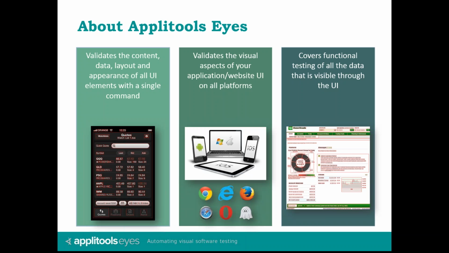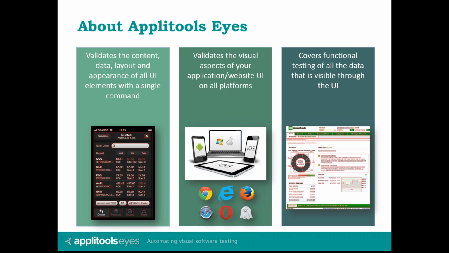So a few words about Applitools. Applitools is the only commercial solution today for performing large-scale automated visual testing. It allows you to automatically validate the content, data, layout, and appearance of all the UI elements on your screens with a single validation command.